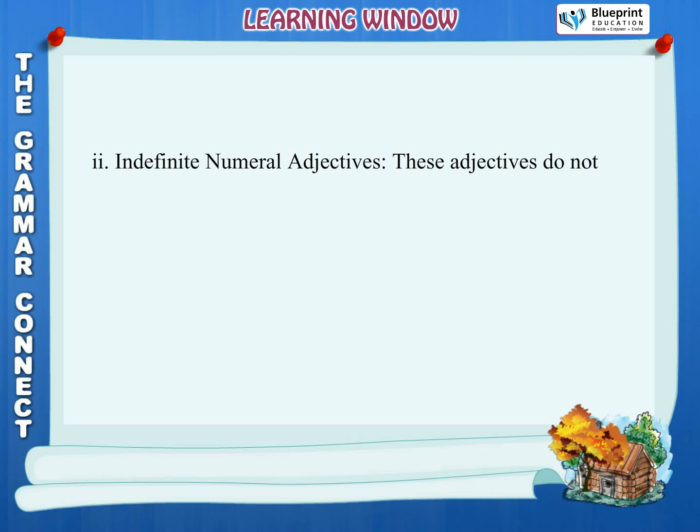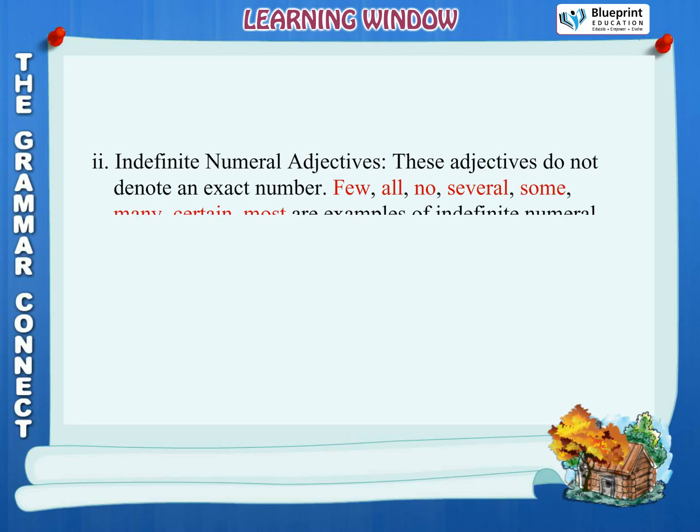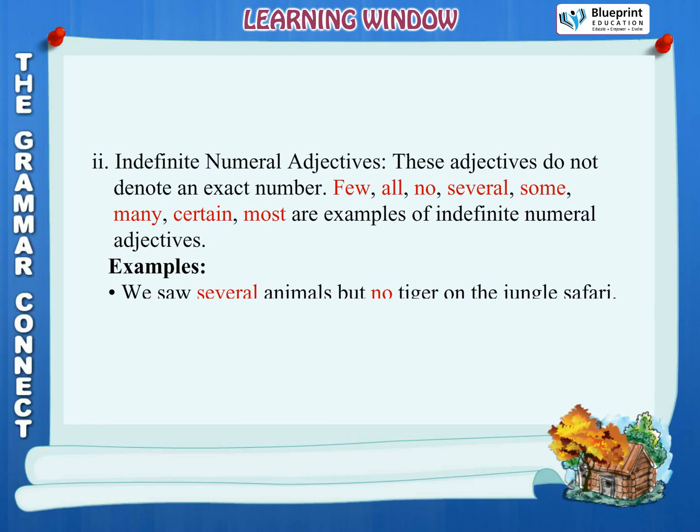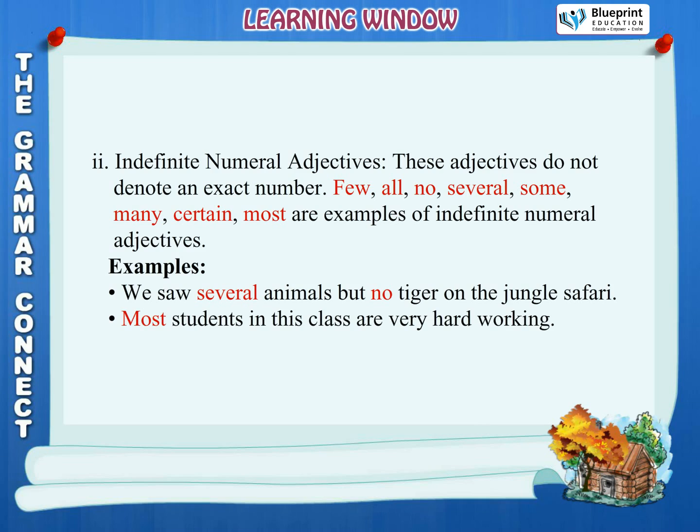These adjectives do not denote an exact number. Few, all, no, several, some, many, certain, most are examples of indefinite numeral adjectives. Examples: We saw several animals, but no tiger on the jungle safari. Most students in this class are very hardworking.